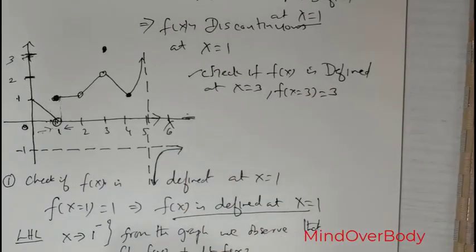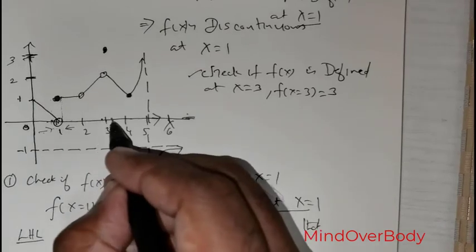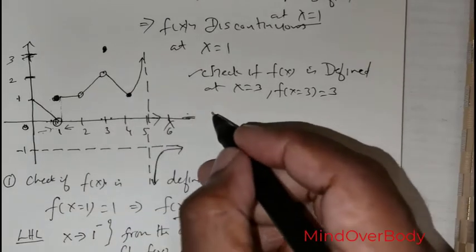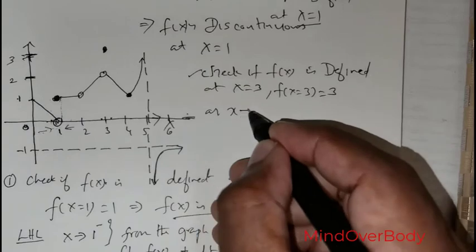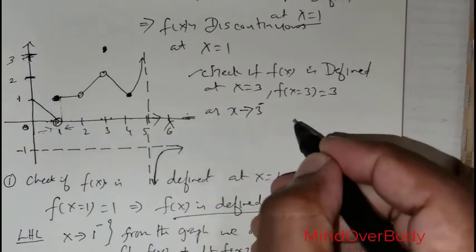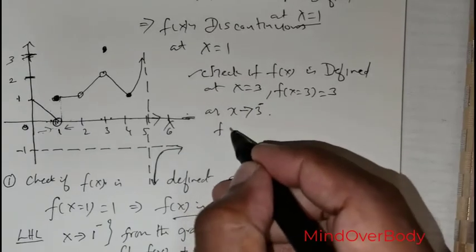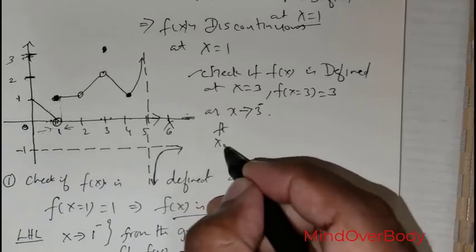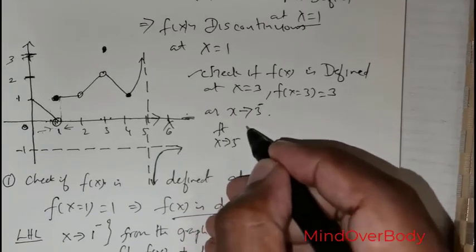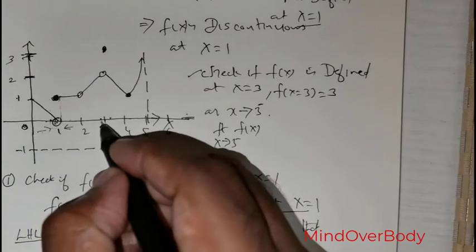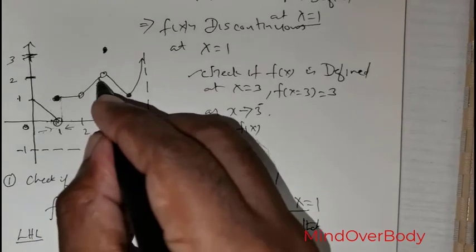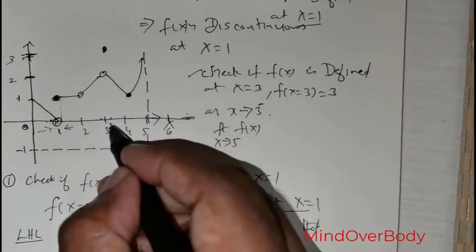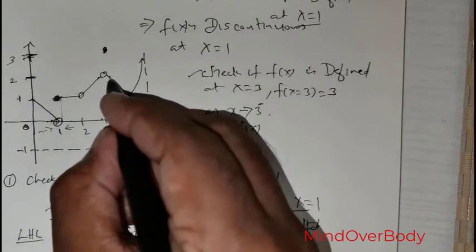So now I want to check if the left hand limit is equal to the right hand limit. Now as x approaches 3 from the left side, let me just write that down, limit x tending to 3 minus of f of x. So this is on this side, and x is approaching 3 from the right side, so this is on this side.